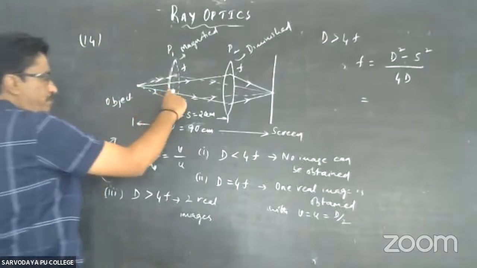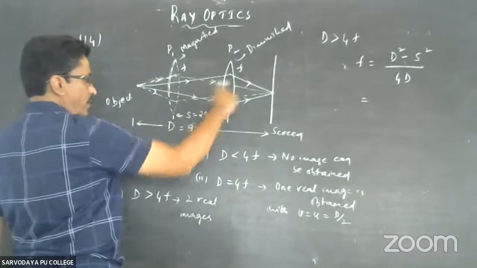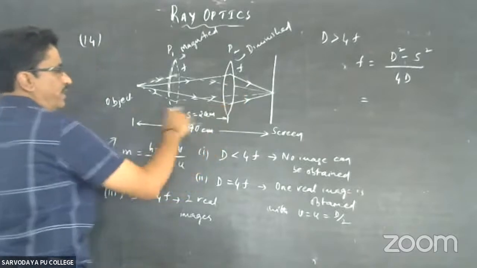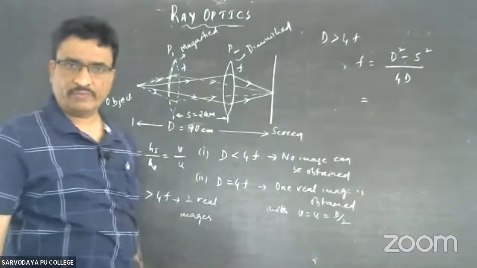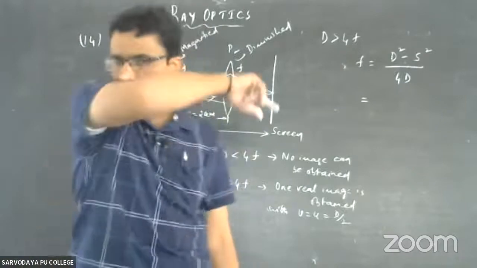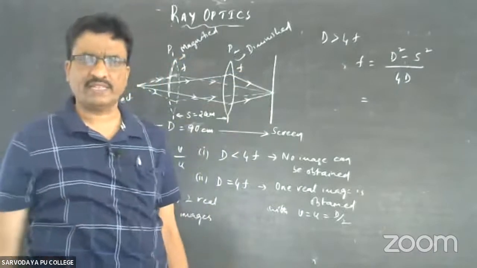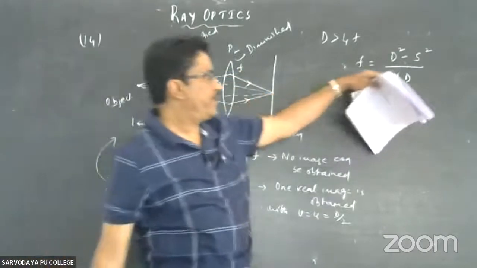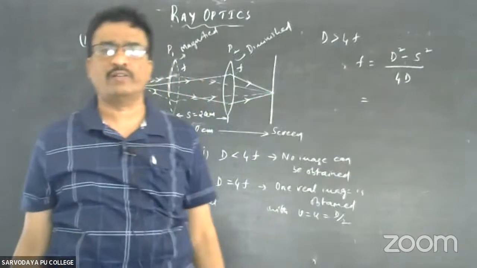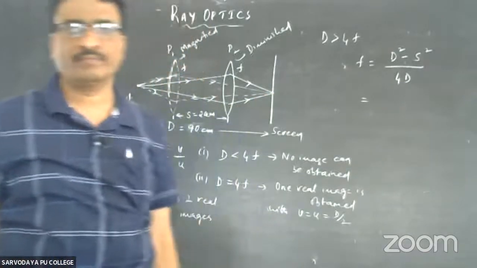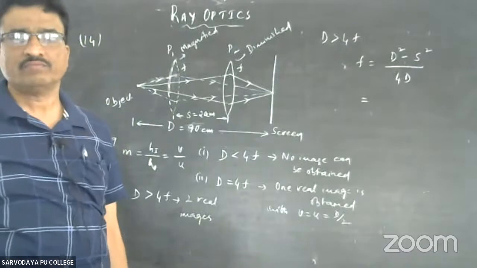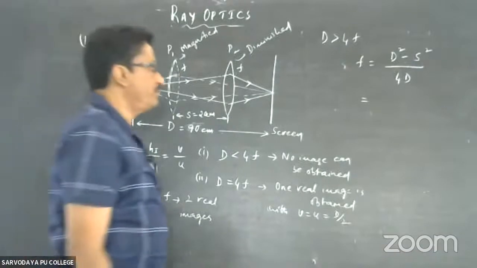This is the first position. We shift the lens to the second position. Once we know the shift produced in the lens to get the second real image, we can find the focal length using the formula D square minus S square by 4D.